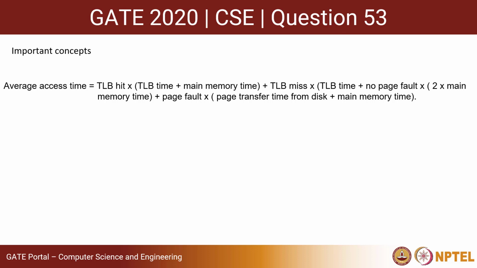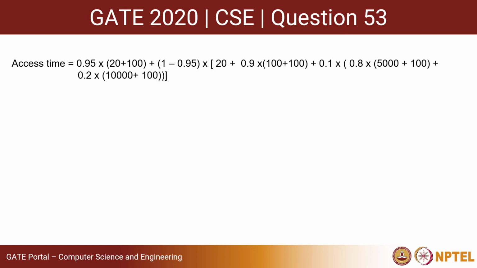That will consume some time, and this is referred to as the page fault rate. If we put all the values in that formula, we will get something like this. There are some extra points in this expansion as well.